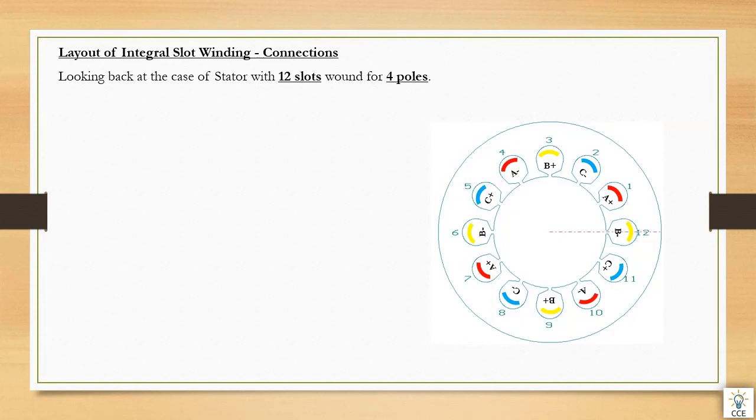Now moving on to connections of the concepts that we have learned for 24 slots 4 pole, or 48 slots 8 pole. Those concepts now we will be converting in terms of connections. So we'll take the first example where we had 12 slots, and that was wound for 4 poles.